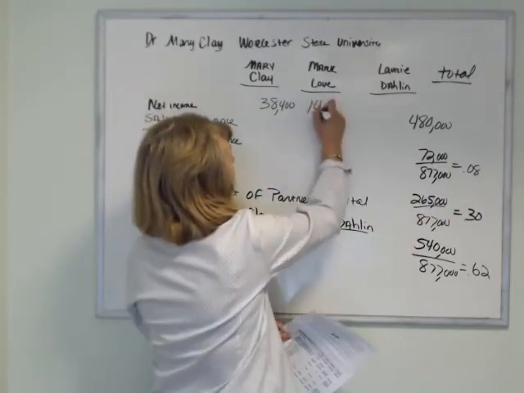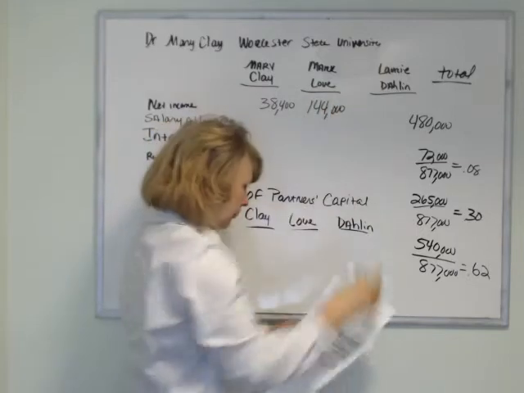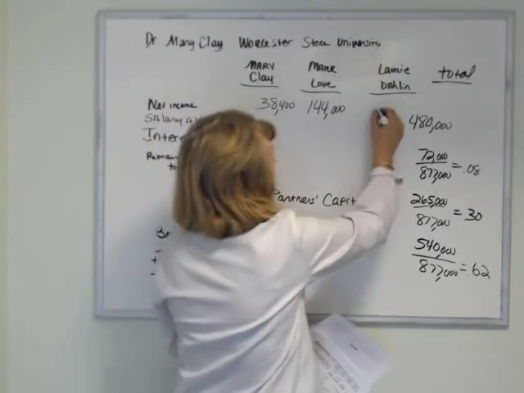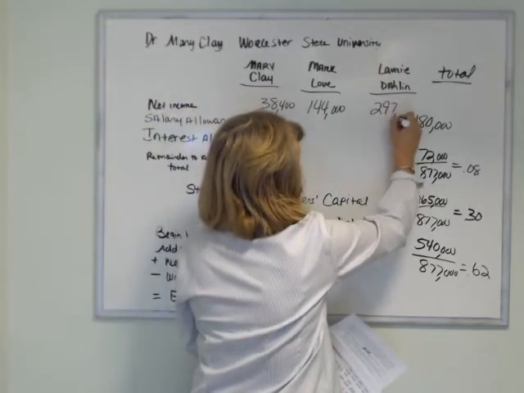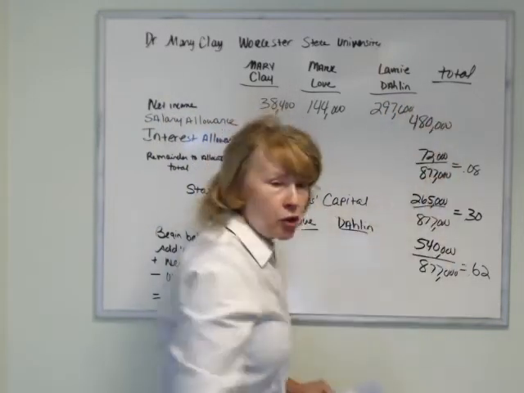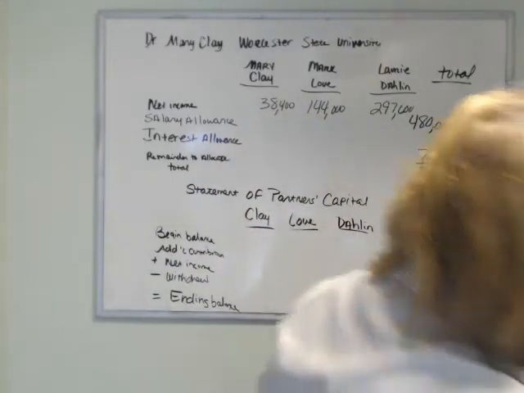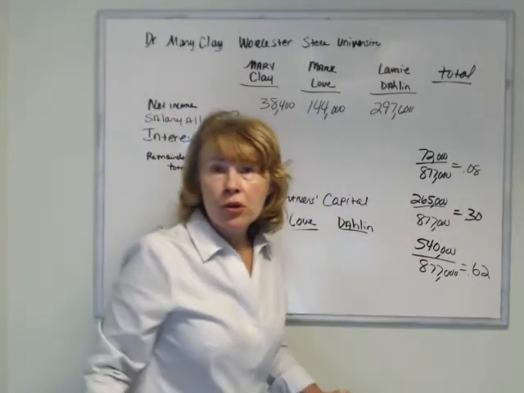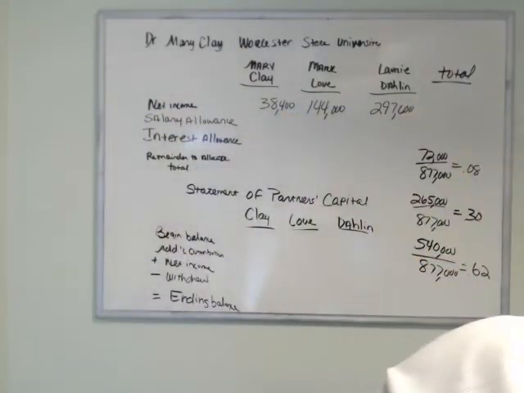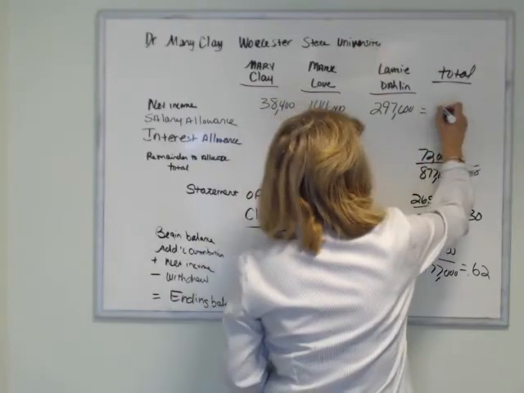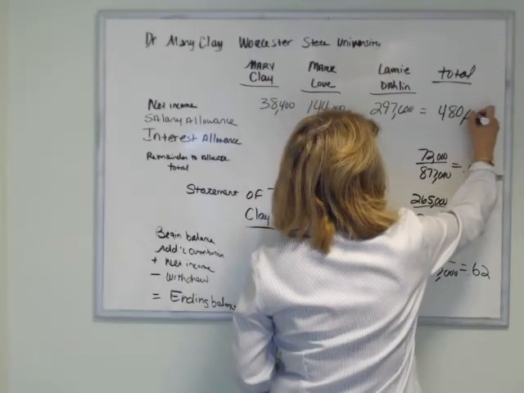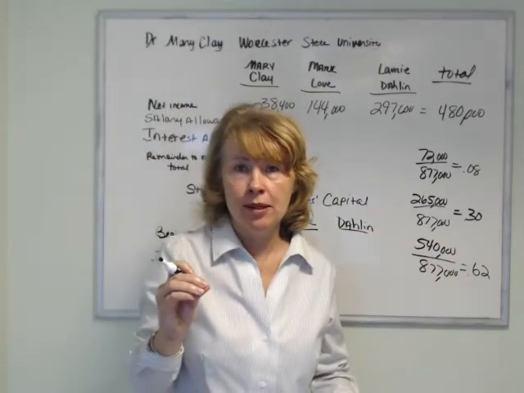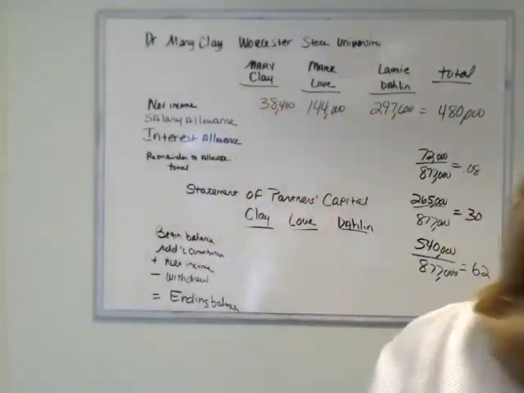Love would get 144. And then you would do DeLean. DeLean would get 297,600. So I always double check my math. I add the 3 partners, always do this, to make sure that that equals my net income of 480. Okay? So that's how you do the initial capital balances, the percentage of the initial capital balances.